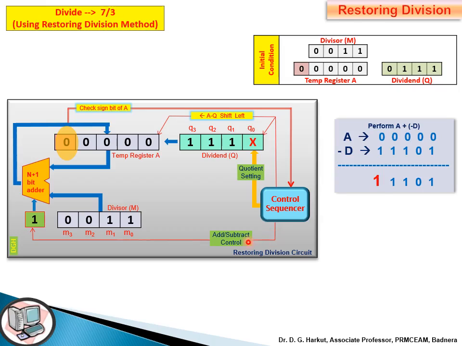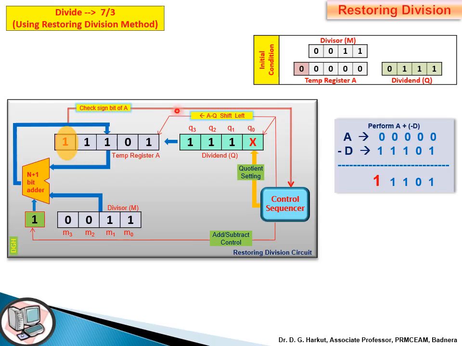Here signal 1 indicates we are applying carry in as 1 to the n plus 1 bit adder. For detail, please refer my n bit subtractor adder video. After performing the subtraction, the result will be 11101, which will be updated in register A.